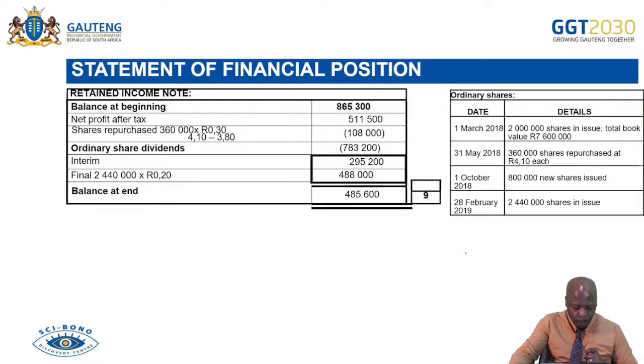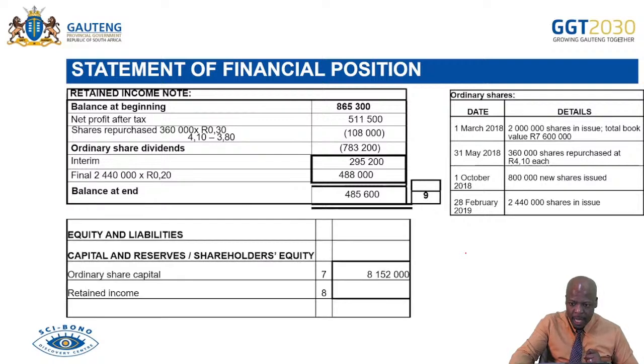From what we have here, we can record some information for the statement of financial position. So we are going to take this amount, your 485,600, and bring it here to my retained income. I need calculators close.